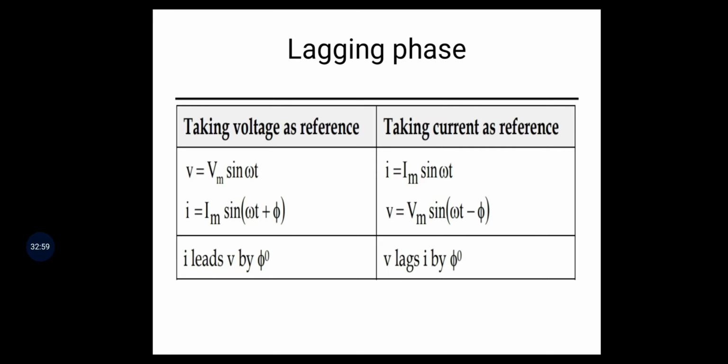V equals Vm sin omega t, I equals Im sin omega t, then I equals Im sin(omega t plus phi), V equals Vm sin(omega t minus phi). I leads V by phi degrees, or V lags I by phi degrees.